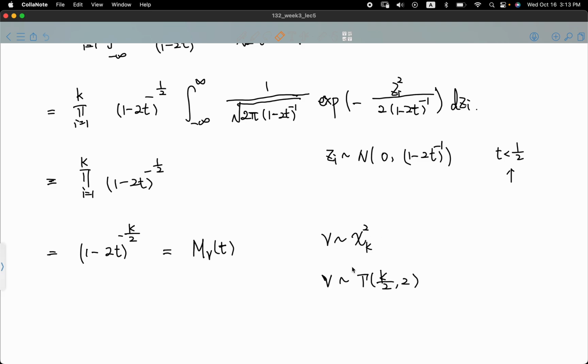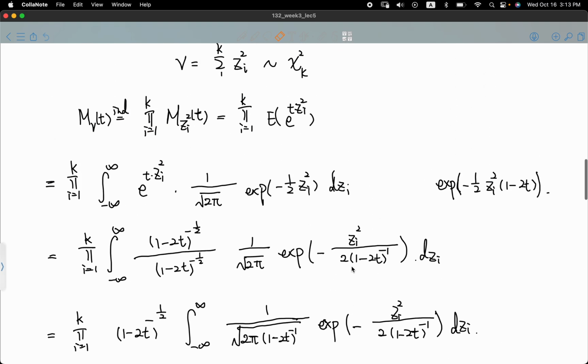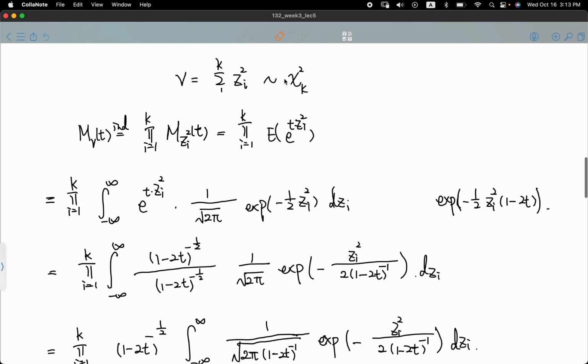Okay, so here we just want to point out that the chi-square random variable can be constructed from the standard normal distribution by taking the square and then summing k copies of them to get the chi-square distribution, degree of freedom k. So this is the construction.